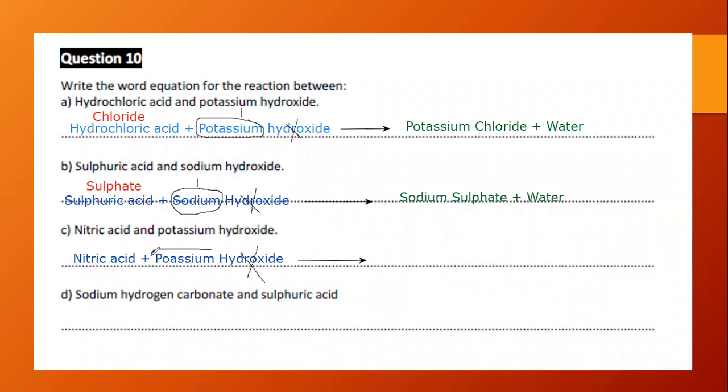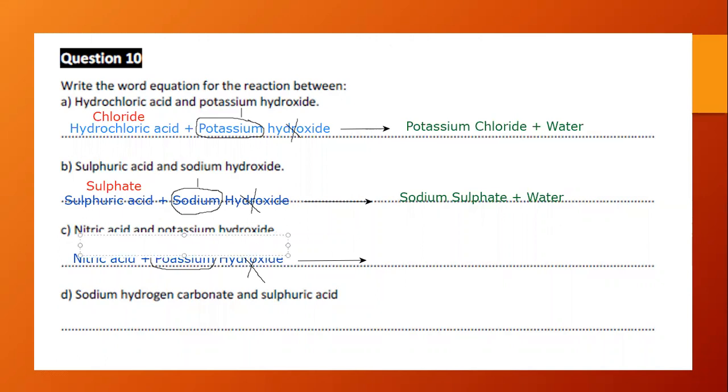So this means that the first part of my salt will start with potassium, and the second part, we will know it according to the name of the acid. What is the name of the acid? Nitric acid. Okay, so if it's nitric acid, the second part will be nitrate.